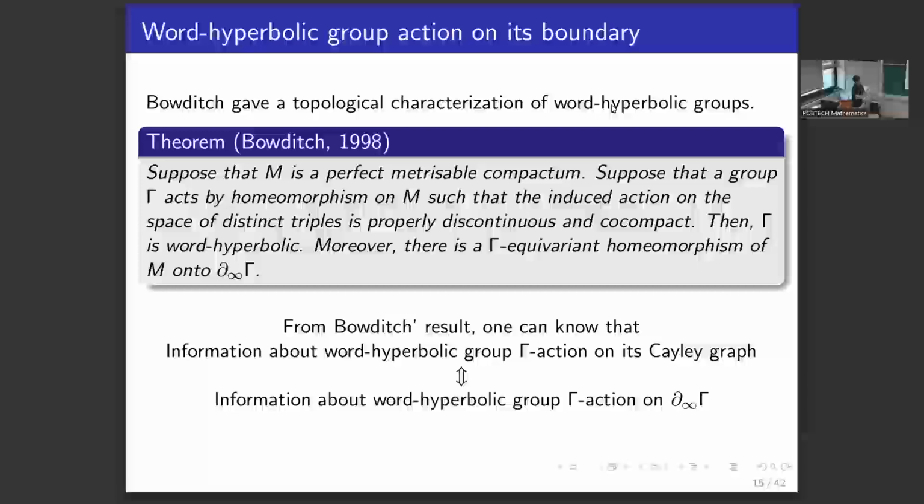Then gamma is word hyperbolic, and also M is homeomorphic to the boundary of the word hyperbolic group gamma. So by using just the action on the boundary, you can characterize word hyperbolic groups. That is why the boundary action of a word hyperbolic group is so important, because you can get every piece of information about a word hyperbolic group from its boundary action.